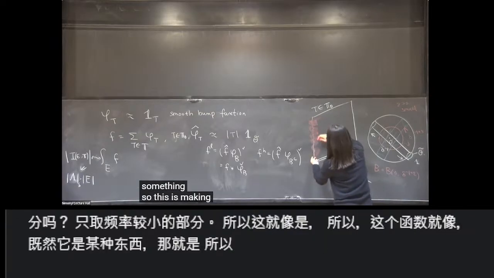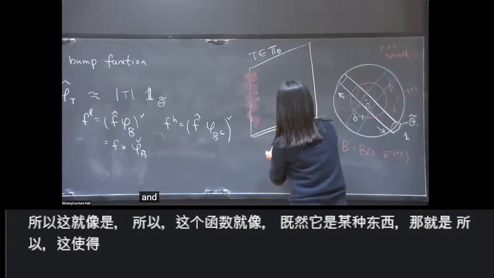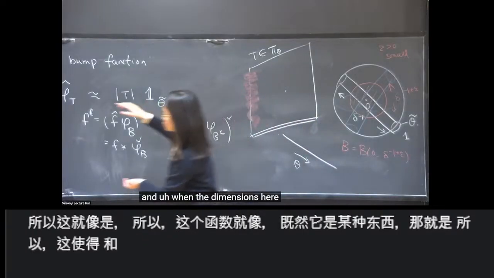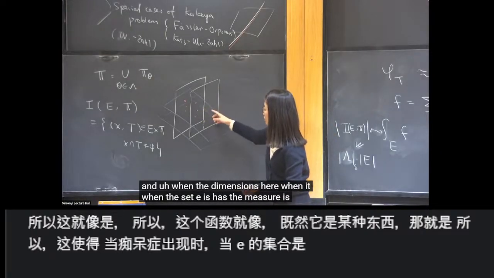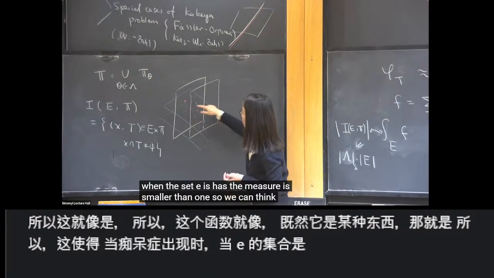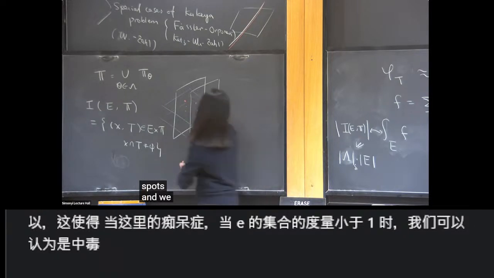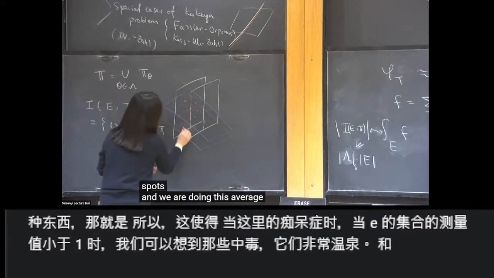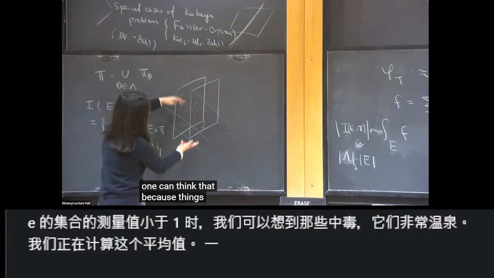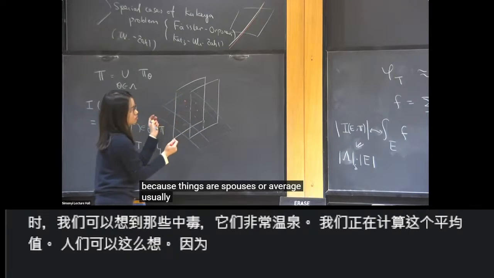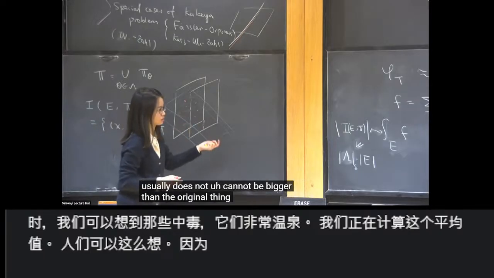So this is making averages, and when the set E has dimension smaller than 1, we can think of the points in E as relatively sparse, and we are doing this average. Because things are sparser, the average usually cannot be bigger than the original thing.